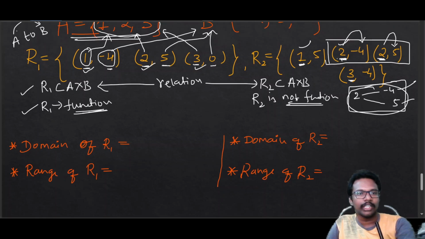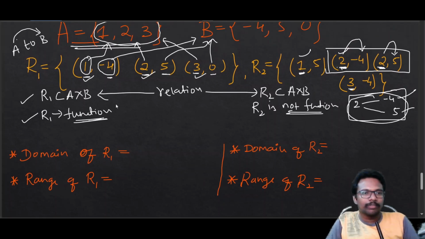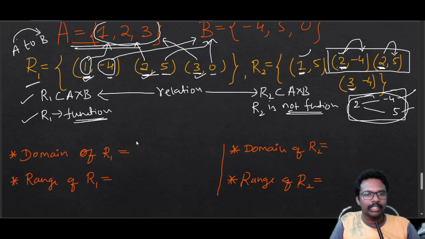Okay, next we should know about the domain and range concept. So I have written here, domain is nothing but, for this R1, the starting point where the relation is started. What is most important to create a relation is the starting point. So here the first elements of the ordered pairs are 1, 2, 3. Those are the domain. So in domain I am going to write 1, 2, 3.